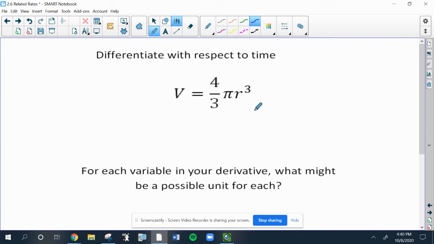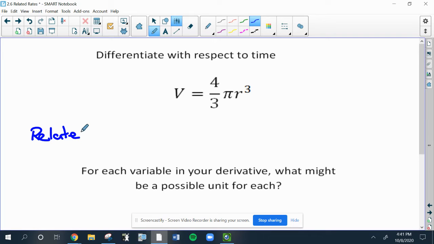Now the common application for this is, say we have a perfectly round spherical balloon and you're blowing it up. That would mean the volume's changing with respect to time, and so is the radius. So this is your regular volume equation. We're going to make this a related rates equation.